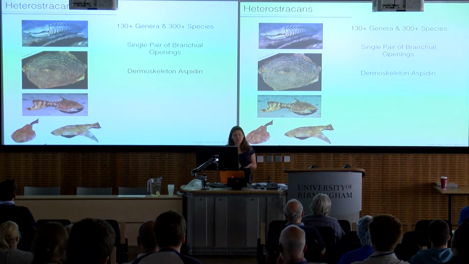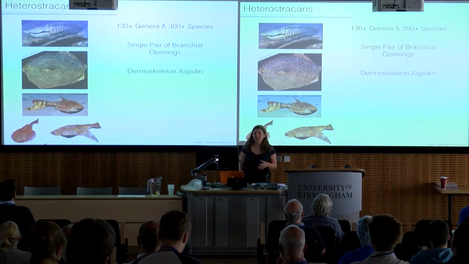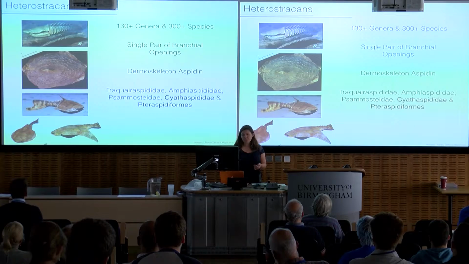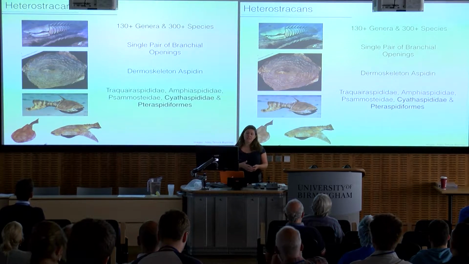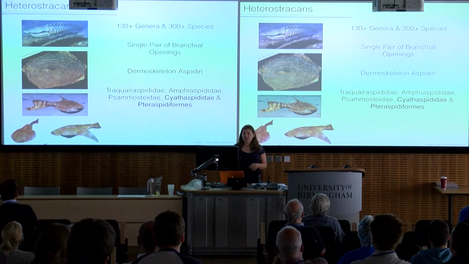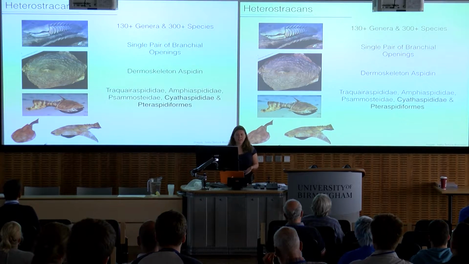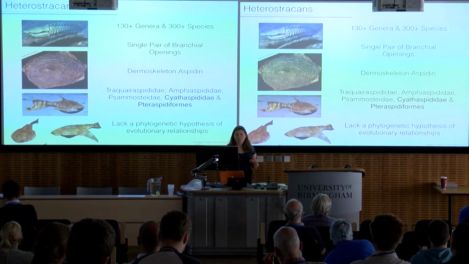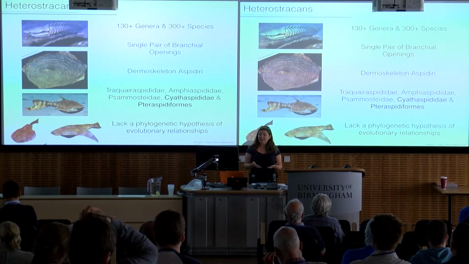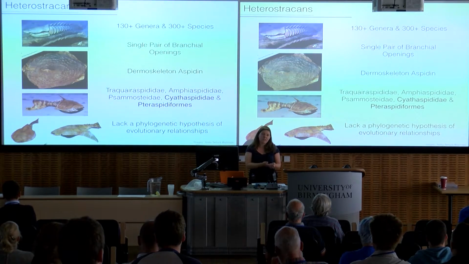This is sometimes, but not always, covered in quite often beautiful ornament, which is composed of enamel and dentine. There are many different lineages within the Heterostracans, but only two, the Psammosteids and Pteraspidiforms, have actually been included within any phylogenetic analysis. So the group as a whole has been lacking a phylogenetic hypothesis of their evolutionary relationships.